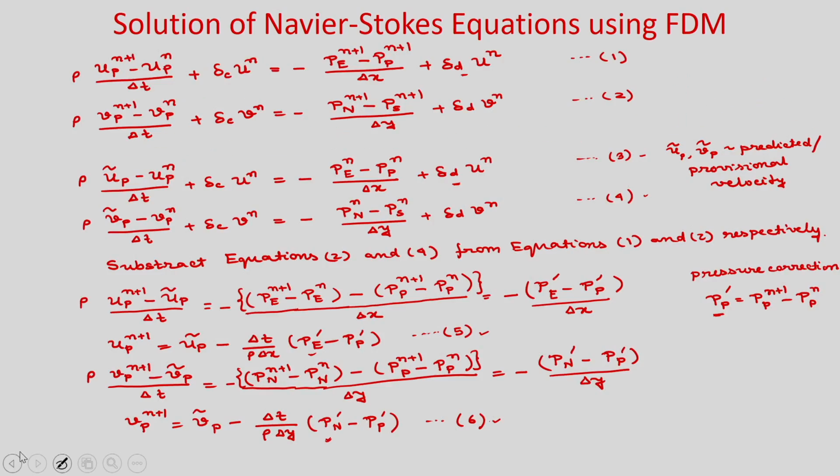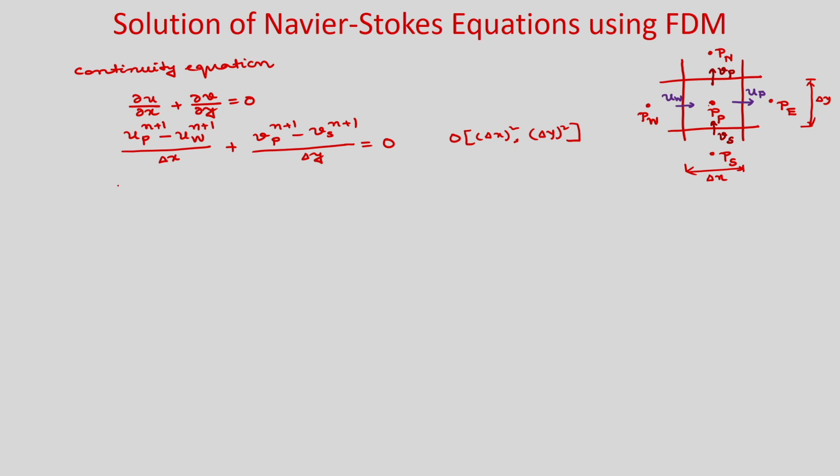Now, the relation we derived for u and v, equation 5 and 6, we will substitute there, because this is the relation for u p n plus 1 and this is the relation for v p n plus 1. So, u p n plus 1 is u p tilde minus delta t by rho delta x, p e prime minus p p prime.